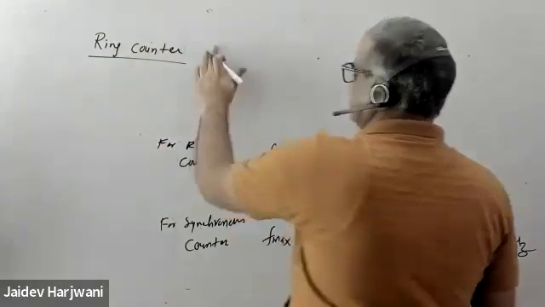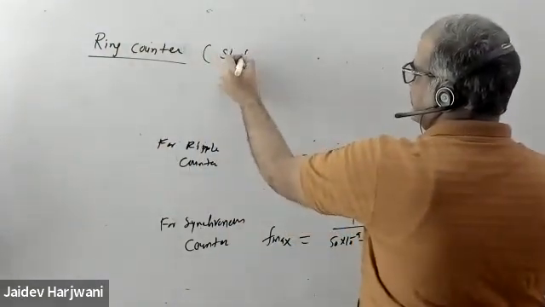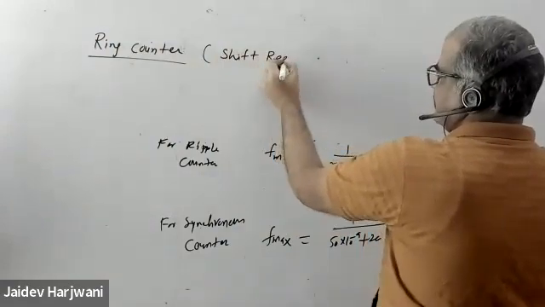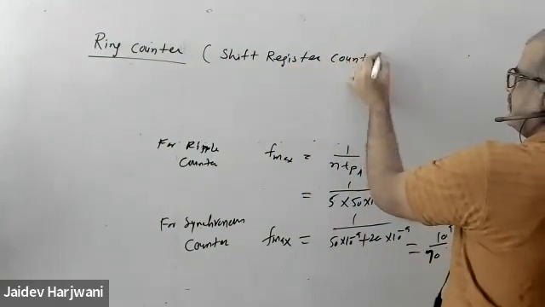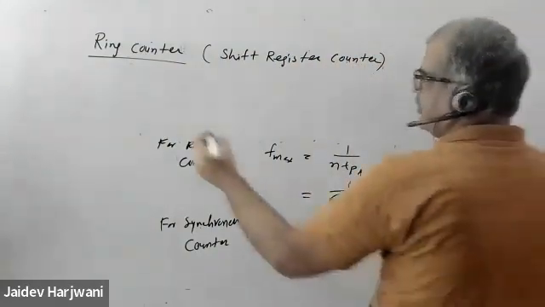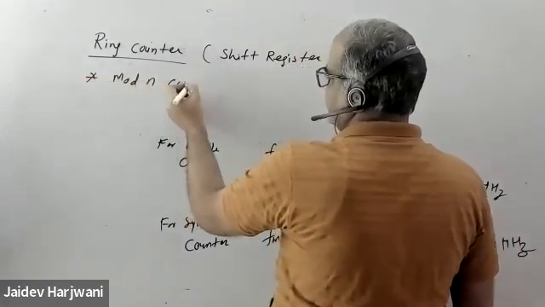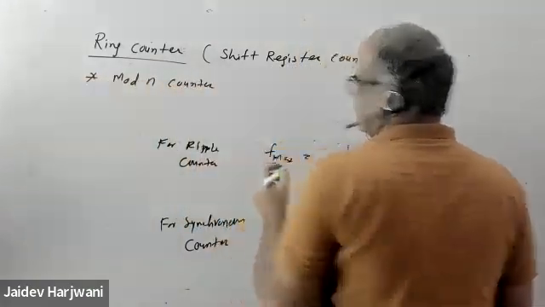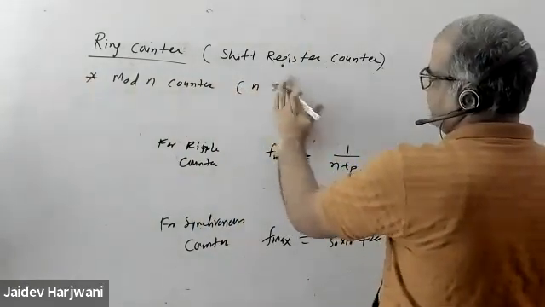The ring counter is basically a shift register counter. This is also called a mod n counter, that is, it has n states and n flip-flops.